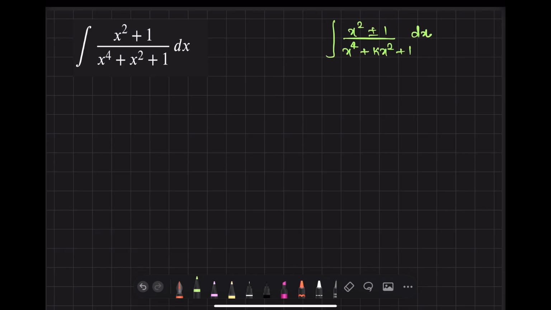So how will we manage? We will divide numerator and denominator by x square, correct? So just update the question. If you update, you will have 1 plus 1 by x square, now x square plus 1 by x square plus 1 dx, correct?